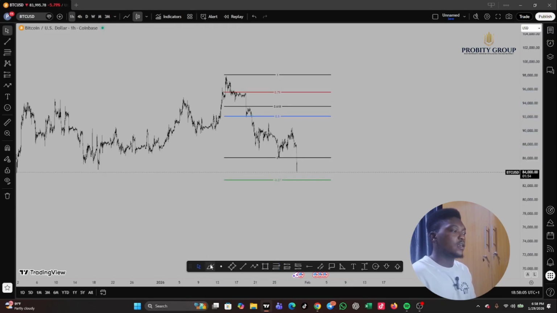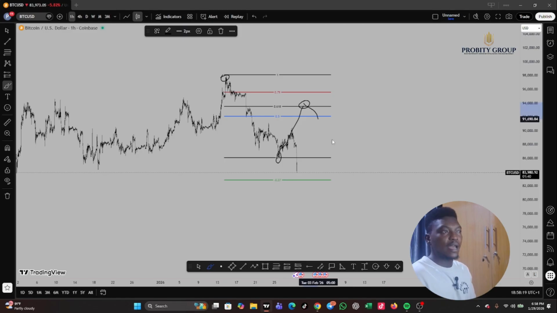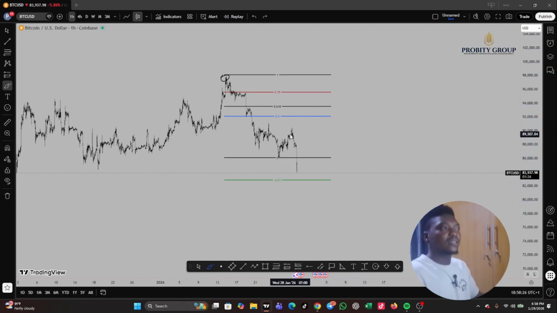So you can see here from this high to this low. I was expecting this pushback to come to any of my fib levels, preferably this 0.6, so I can then expect a downward movement. But price fails to come here. That means this is a missed trade because it did not fulfill your trading criteria.